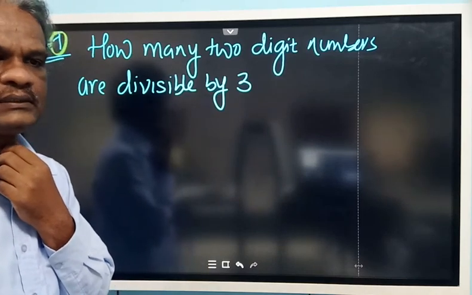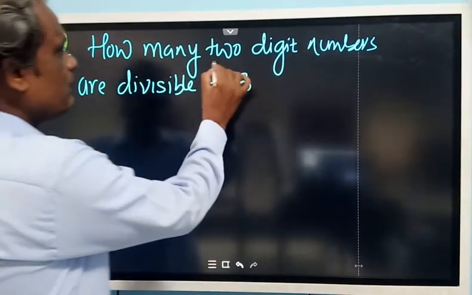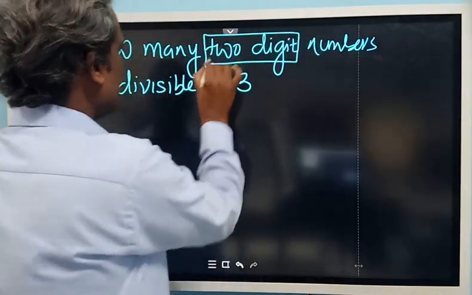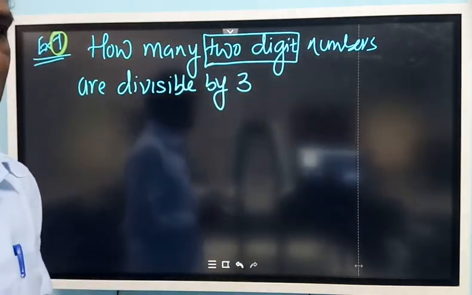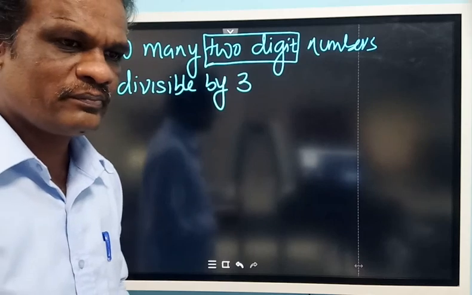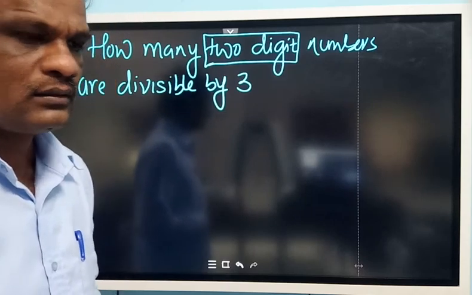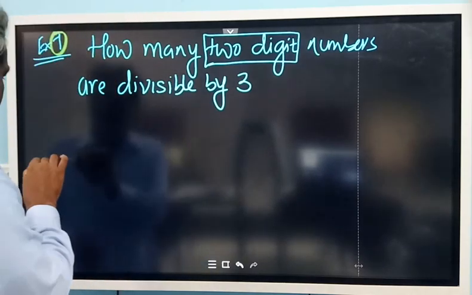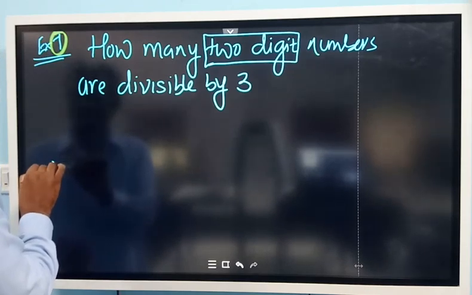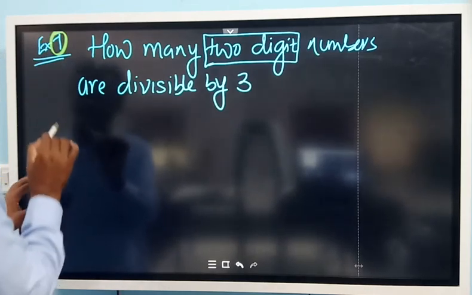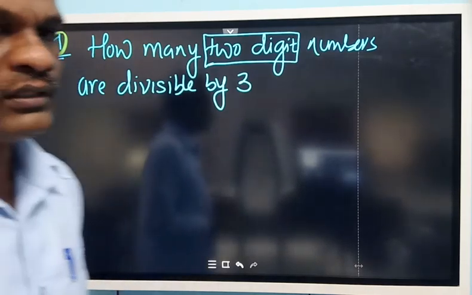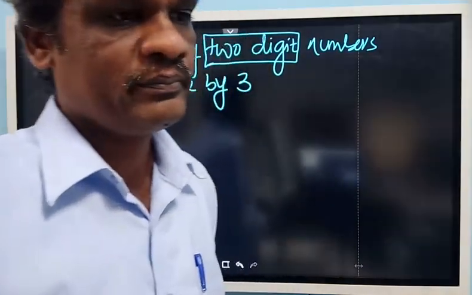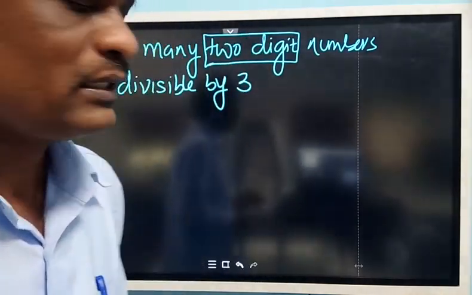Now look at this. How many two-digit numbers are divisible by 3? So what is the smallest two-digit number? 10. Smallest two-digit number is 10. And what is the greatest two-digit number? 99.